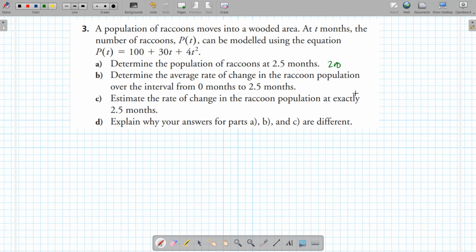Part B, determine the average rate of change from 0 to 2.5 months. Now what do we do? It's asking us to find the average rate of change, which is the slope of the secant line.